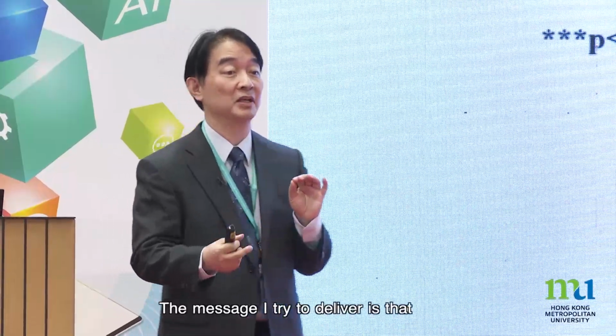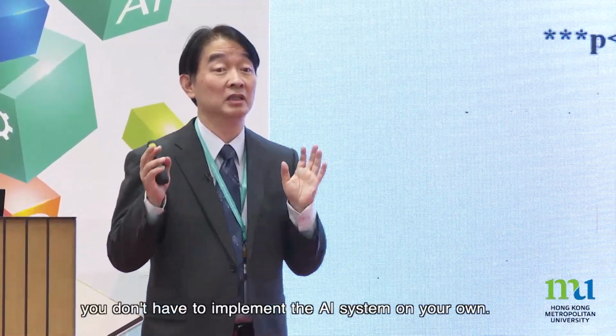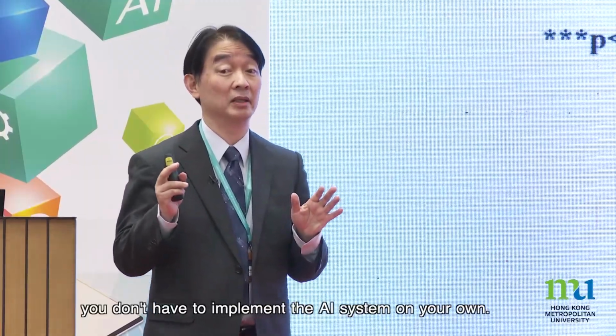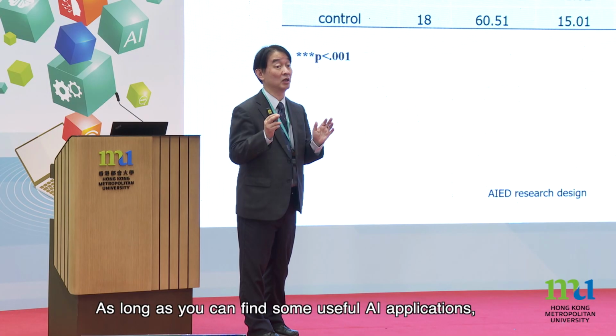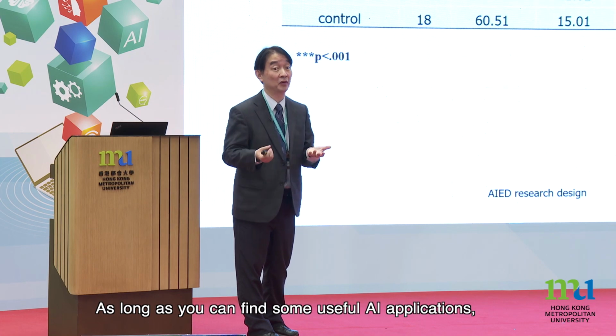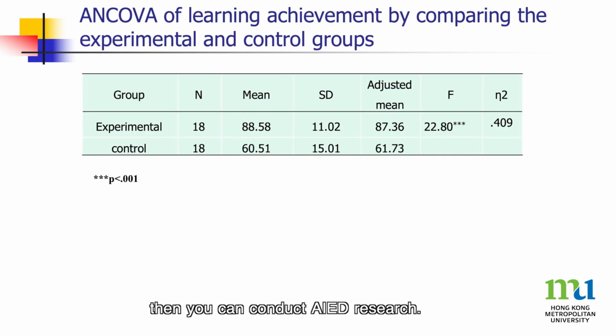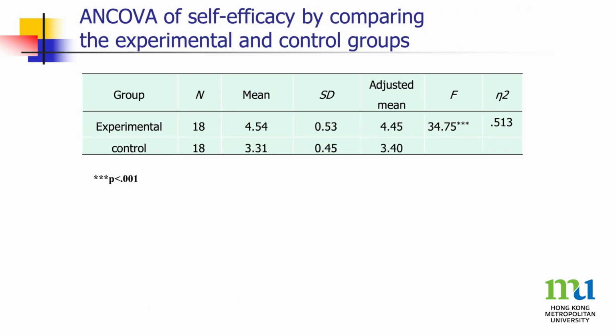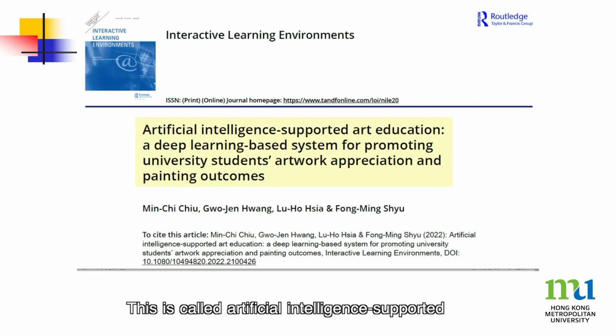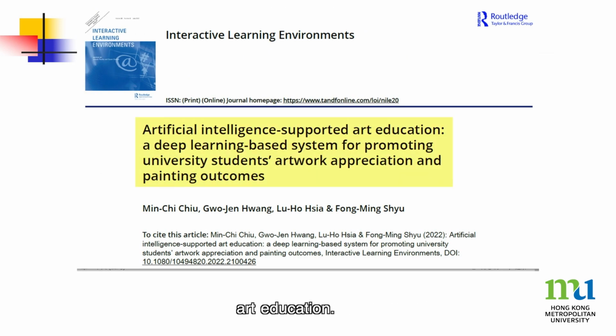The message I try to deliver is that you don't have to implement the AI system on your own. As long as you can find some useful AI application, then you can conduct AIED research. That's why I try to tell you. And the result is quite good. This is called artificial intelligence supported art education.